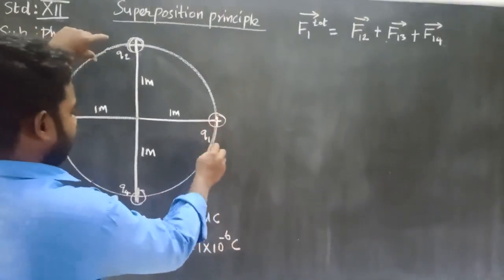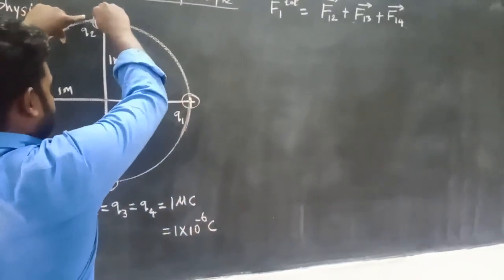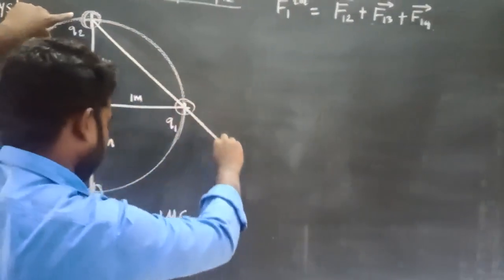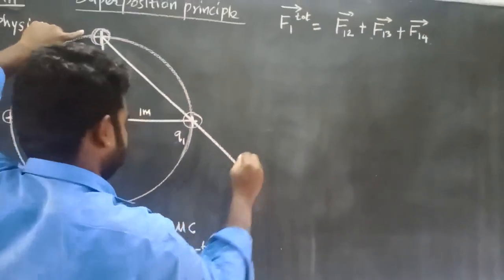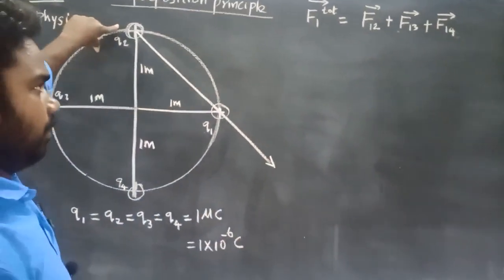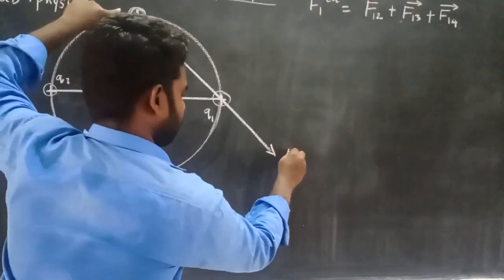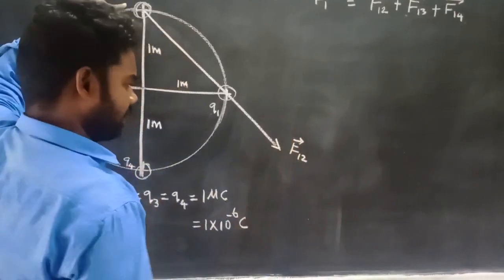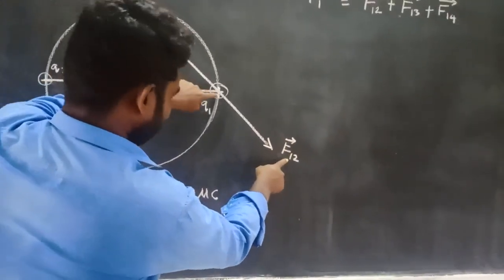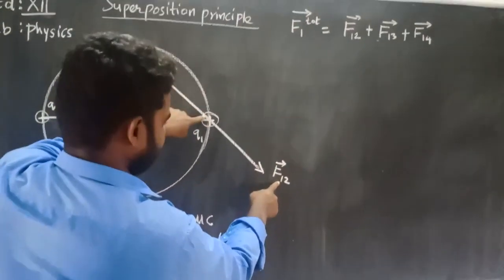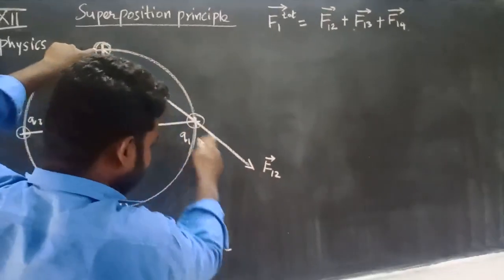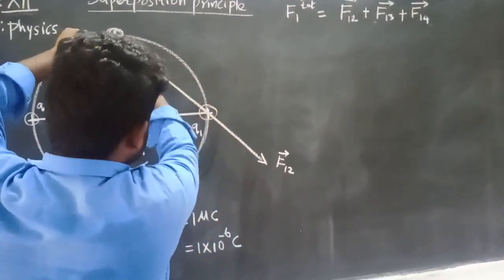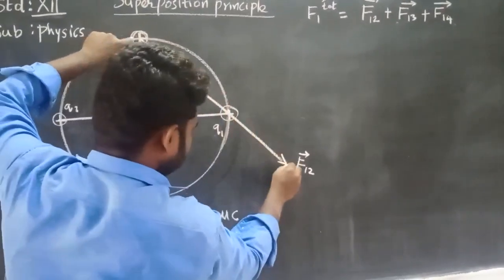Here, the force will be in this direction. This is F12 vector, which means the force on the first charge due to the second charge. The force is from the charge Q2 to Q1. So the force will be in this direction.